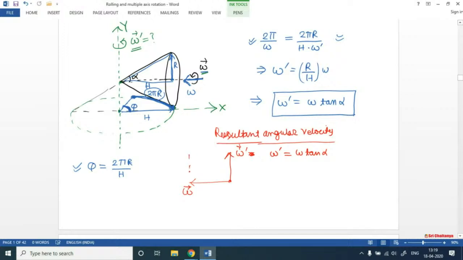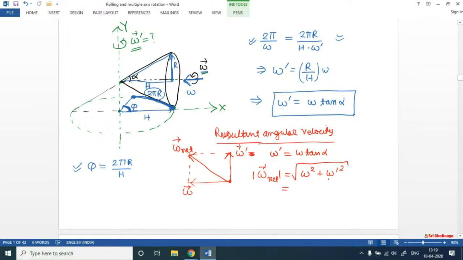So the resultant would be in this direction. This is, say, omega net. You must understand the magnitude of omega net will be equal to the square root of omega square plus omega dash square.